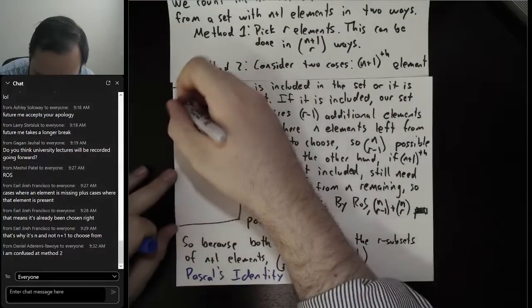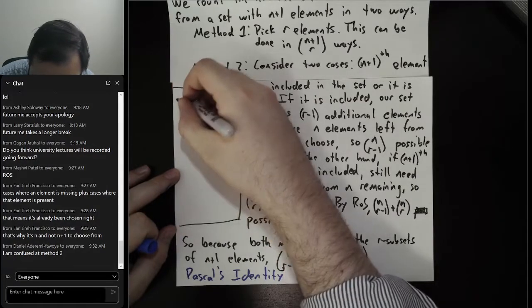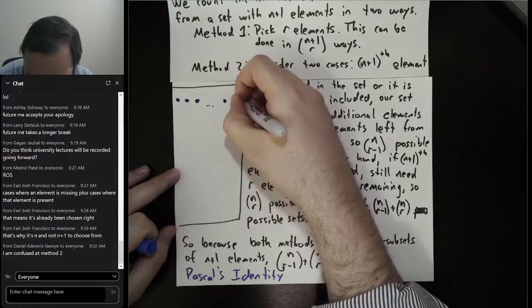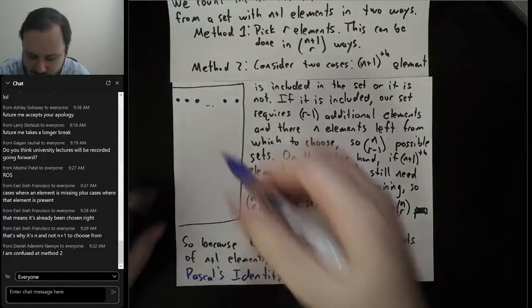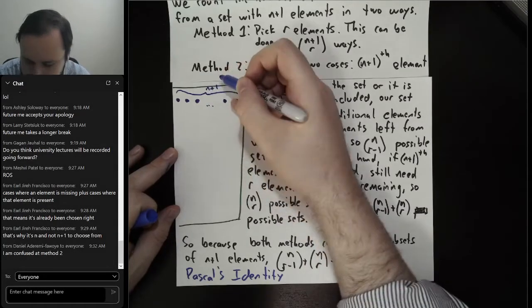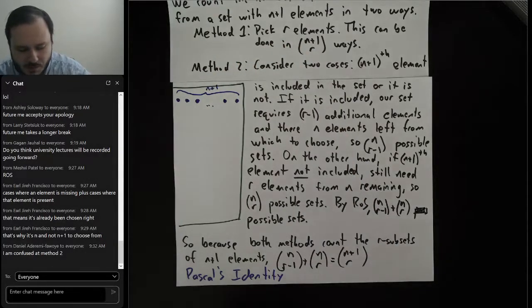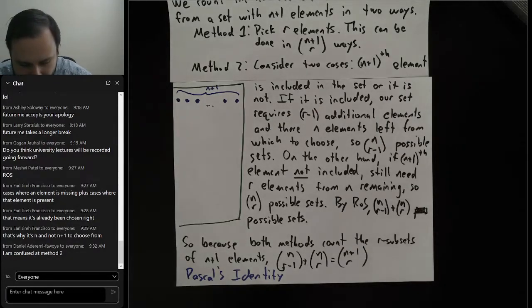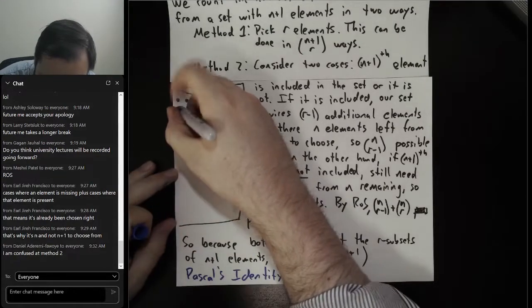So I'm looking at my universe of elements, my set of elements, and I have n plus 1 of them. And of these, I want to pick r of them to be my subset. We could even make it easier. We could make this the numbers 1 through n plus 1.